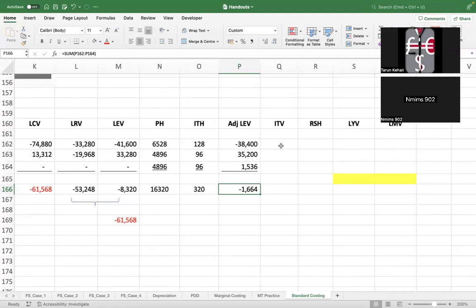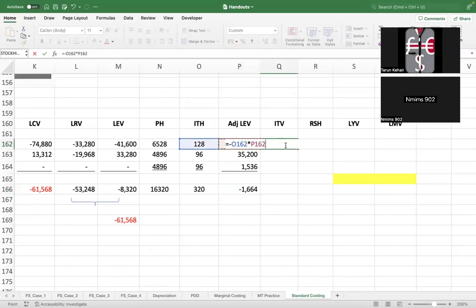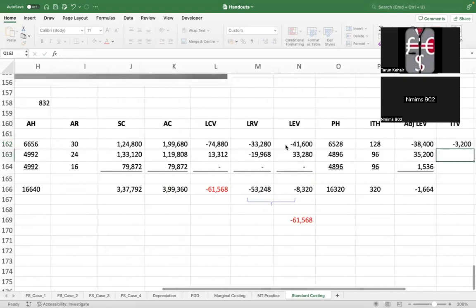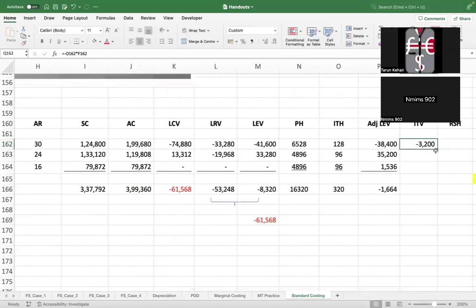So what will be your idle time variance? Minus idle time hours into standard rate. And we will do it for all, and sum it up.